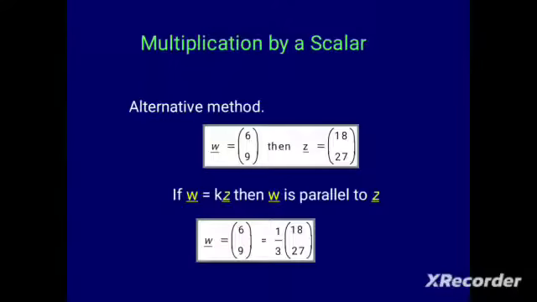So we have vector w equal to 6, 9, and if you work out k, you'll get 1 over 3. So it will be 1 over 3 of 18 and 27. That means vector w is equal to 1 over 3 vector z.